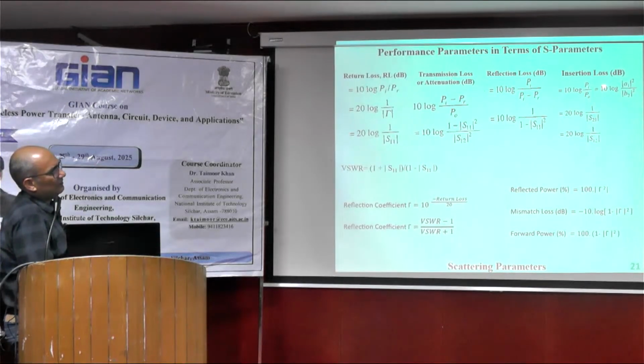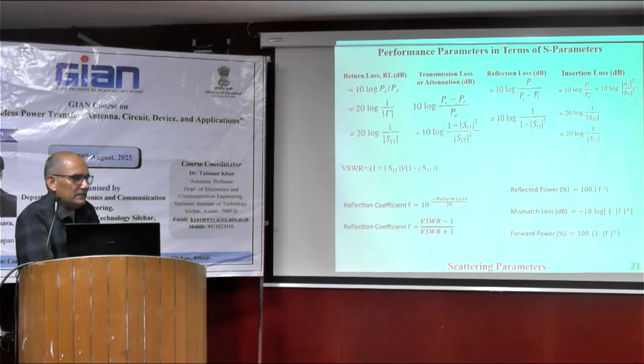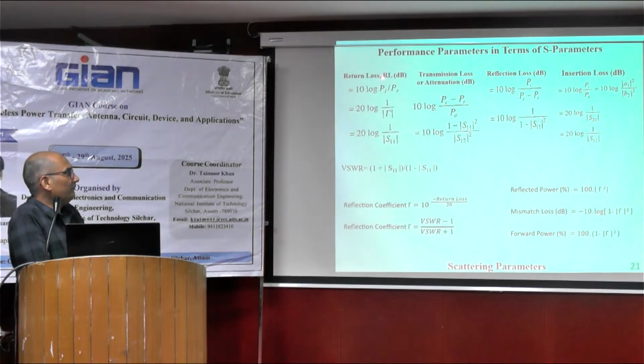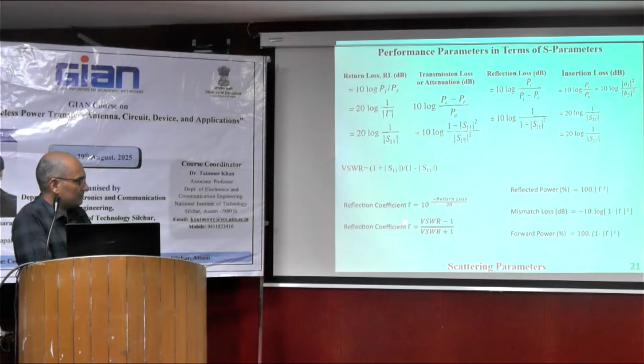Insertion loss is another important parameter, because if you insert another block between the source and the load, then what effect will come after inserting it, Pi upon Po, the output power. Then the voltage standing wave ratio in terms of S parameters can be written in this way. This is how return loss is expressed, and vice versa is possible in this way.